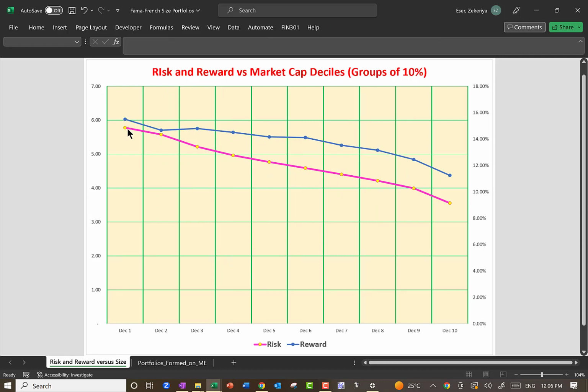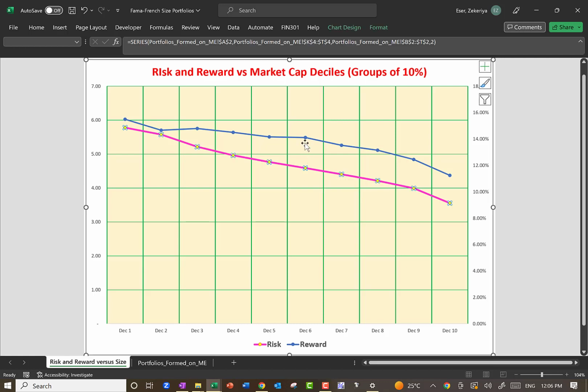And scales of these are different. The risk is on the left-hand side, and it goes anywhere from 0 to about 7. The return is on the right-hand side. It goes anywhere from 0 to about 18.